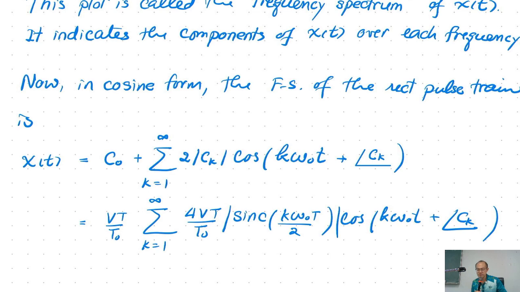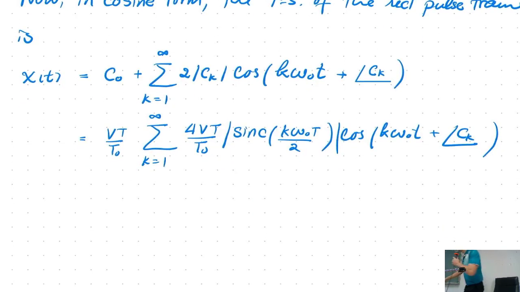The reason that I have to put in absolute symbols here is because we are taking the magnitude of ck. So when ck is negative, we have to take in only the positive part. That's why I have to put the whole thing inside of the absolute notation.